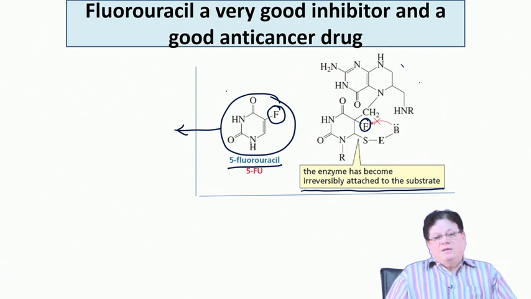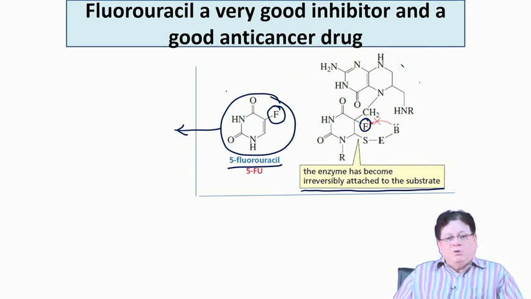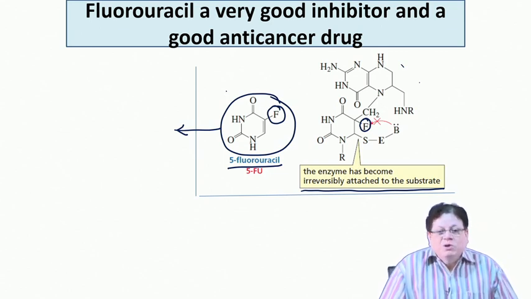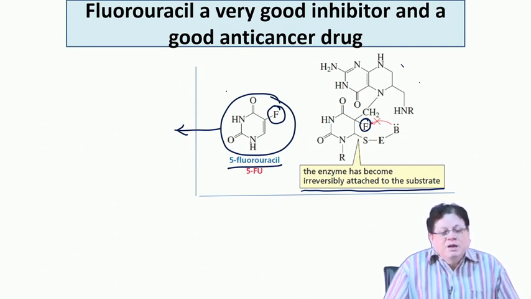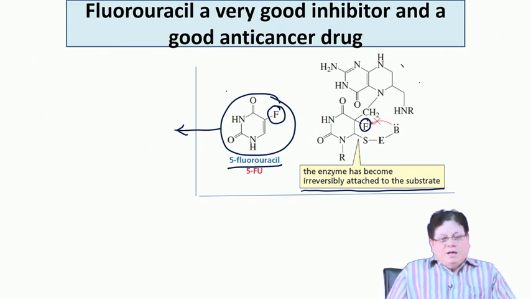There are two anti-cancer drugs: one I told you about, methotrexate, and now we see that 5-fluorouracil is also a very good anti-cancer drug. Methotrexate works by inhibiting dihydrofolate reductase. It is a non-covalent interaction, but the binding is very strong, with a very high binding constant between the dihydrofolate reductase and methotrexate.